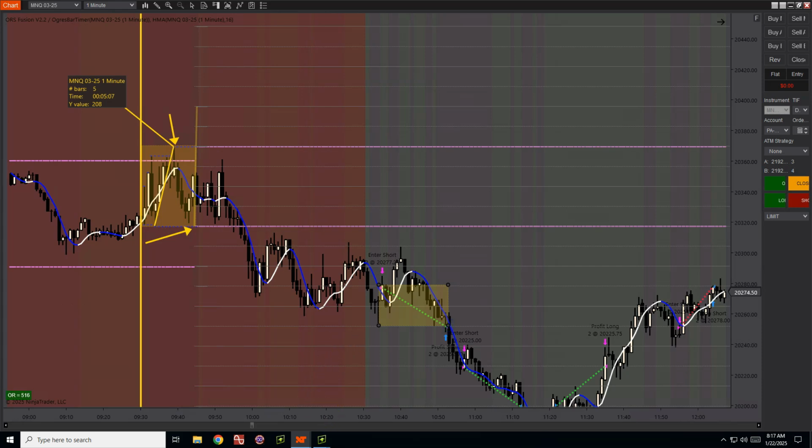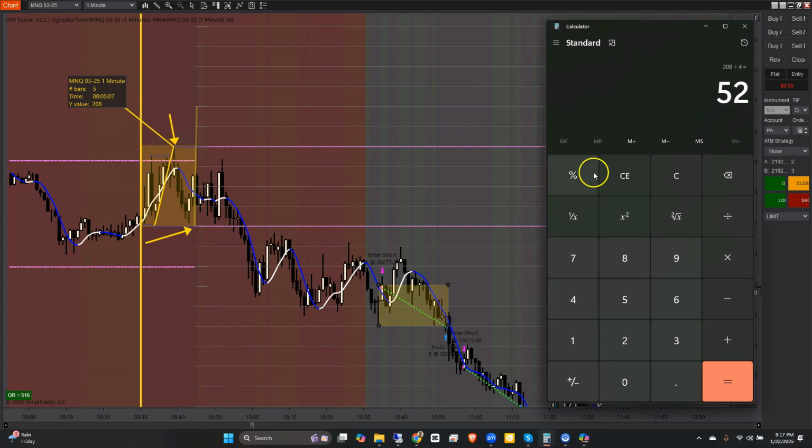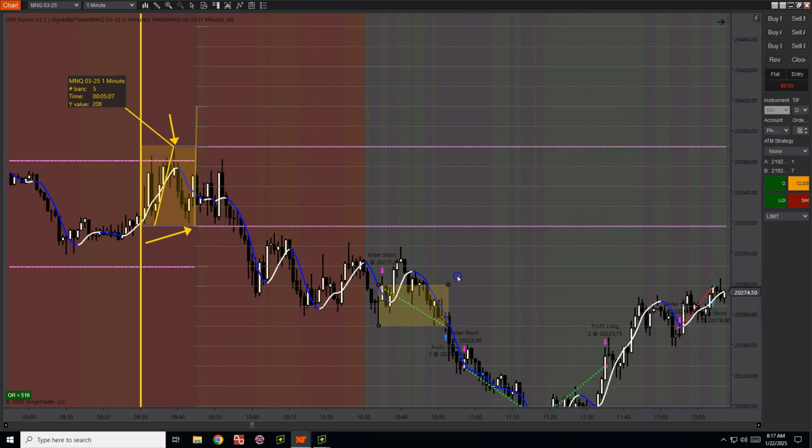So let's take that 208 ticks, the full opening range, divided by 2, which would probably be the second fastest way we could do it, equals 104 ticks. So from the entry to the target is going to be 108 ticks.